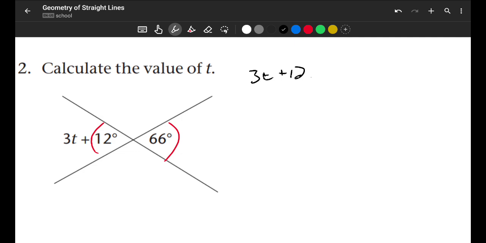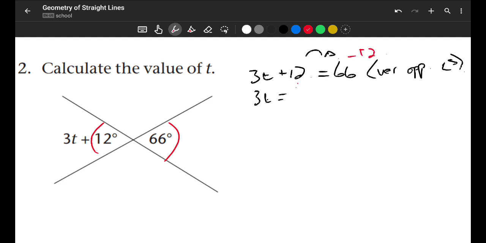So 3t plus 12 is equal to 66 degrees, and your reasoning is vertically opposite angles. Please write the full thing. Can't add 3t and 12. What do we do? Take 12 to the other side, then you're left with 3t is equal to 66 minus 12. Remember, 12 was positive there, then it becomes negative.